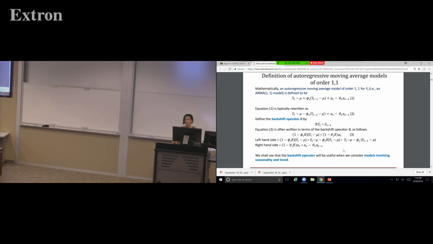In my mind, I think it's a little easier to move from the end back to the beginning. So if you're having a hard time following how this backshift operator works, I think it's easiest if you look here at the right-hand side of this left-hand side equation.